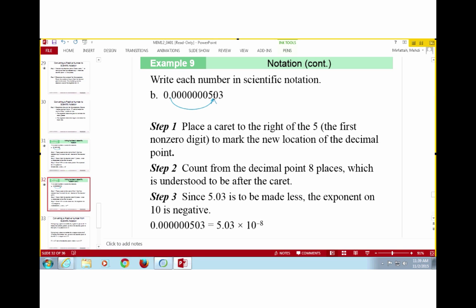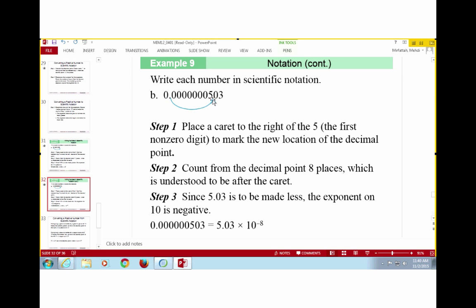So take a look at some other examples. Like this number here, obviously it is less than 1, right? It's a very small number. So I know when I write this in scientific notation, it has to be 10 to the power of some negative number. So I need to move this decimal point to right in front of 5 to make this number between 1 and 10, right?